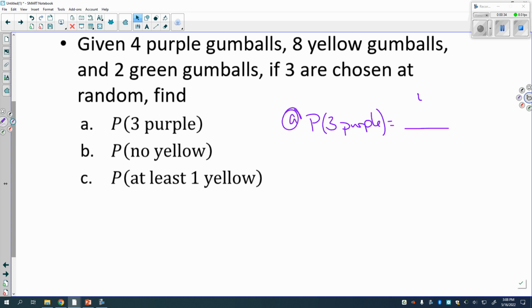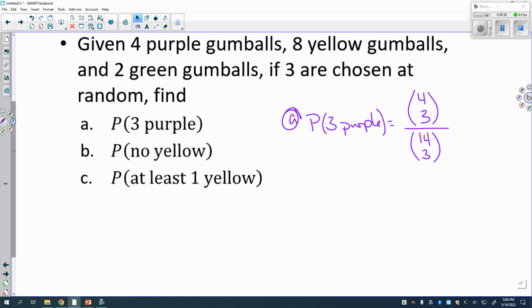Well, there are 4 purple ones. I'm choosing 3 of them, and I'm going to use the combination. So it's 4 choose 3 for my possible combinations of three purple gumballs. And I divide that by the number of possibilities to get 3 gumballs of any kind, which is 14 choose 3.